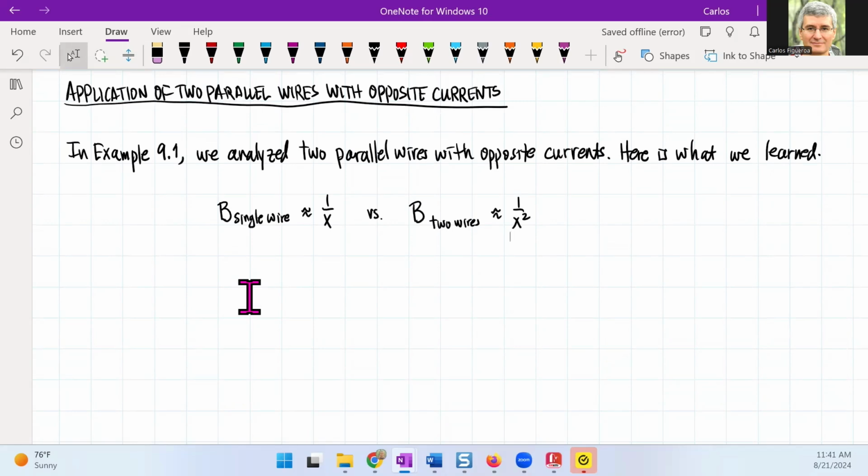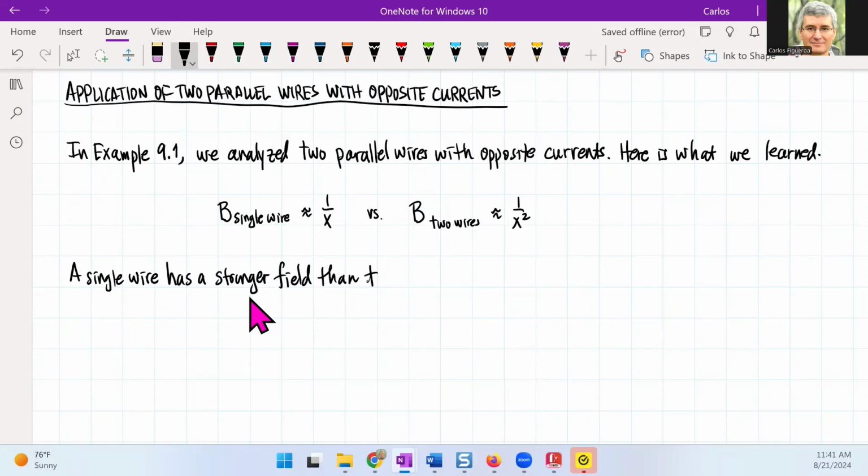So clearly, a single wire has a stronger field than two wires with opposite currents.